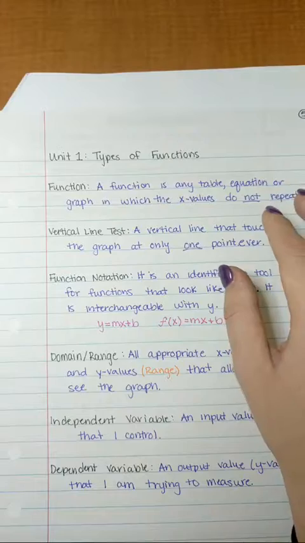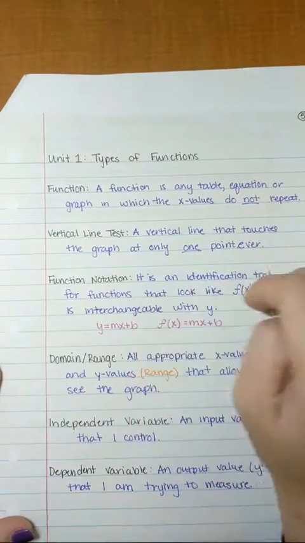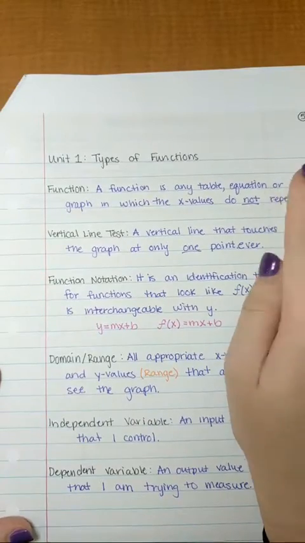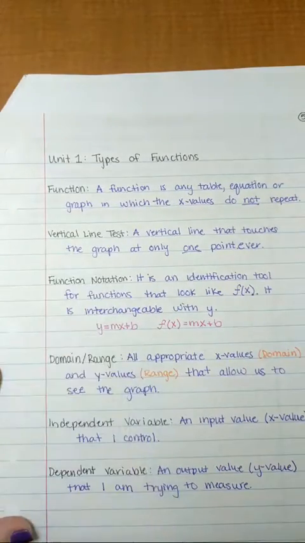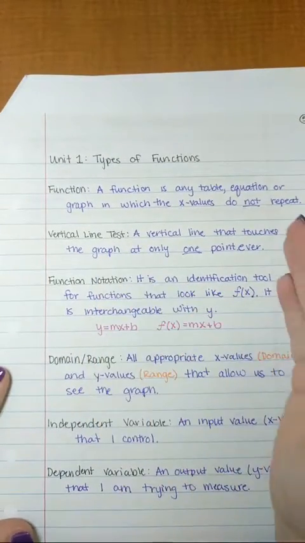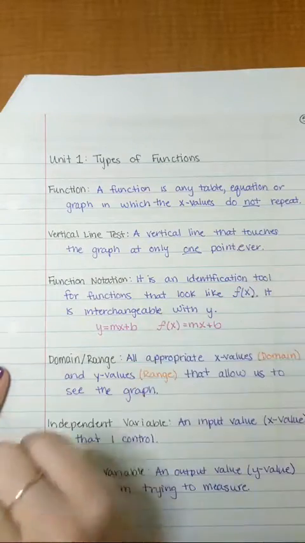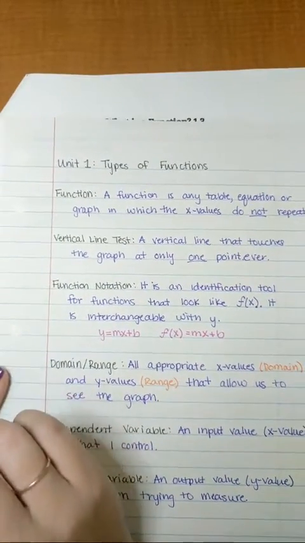So if you see a table and your x values repeat, that means that it's not going to be a function. From a graph, it won't pass this vertical line test, which literally means that you can put a vertical line anywhere on your graph, and it's only going to touch that graph at one point.